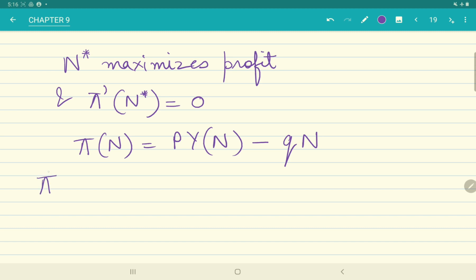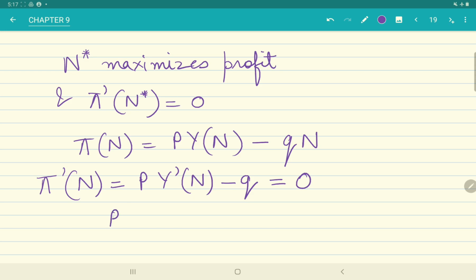Now in this case, pi prime n is equal to p y prime n minus q. This should be made equal to 0, and if that is the case, we see that p y prime n star is equal to q.